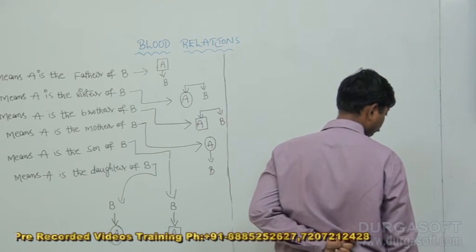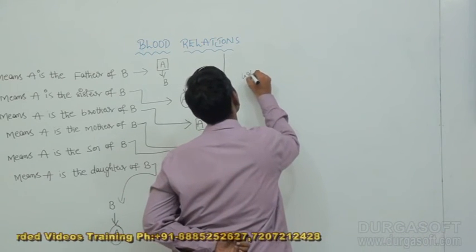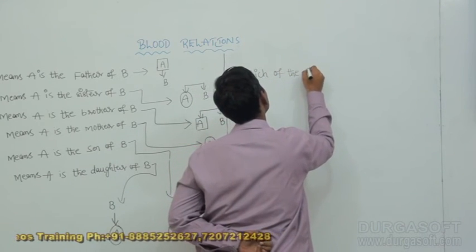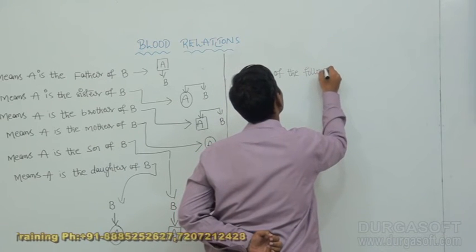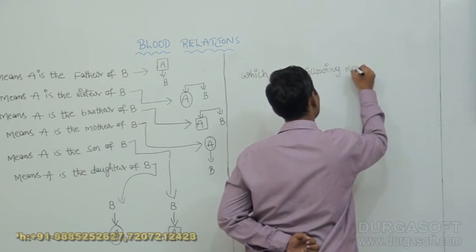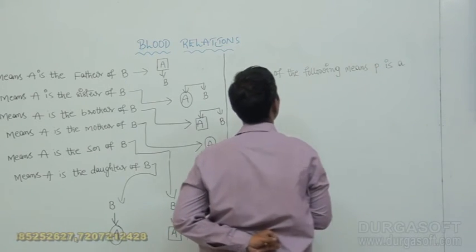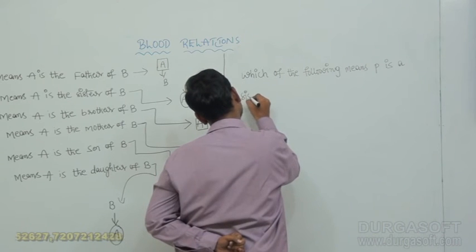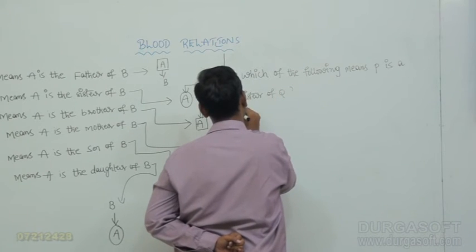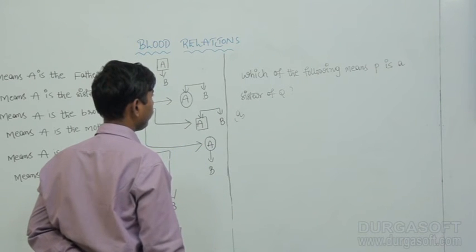Which of the following means P is a sister of Q?